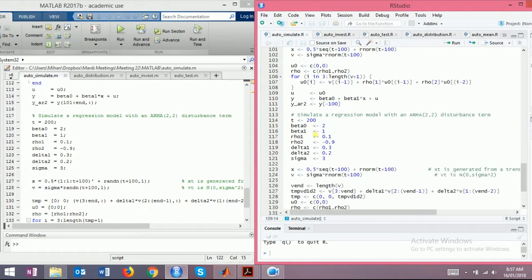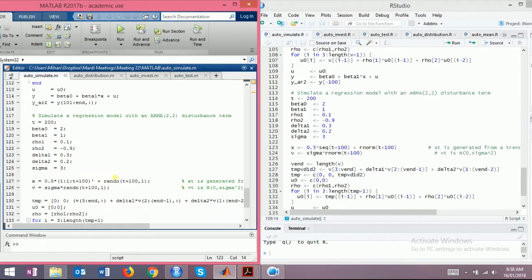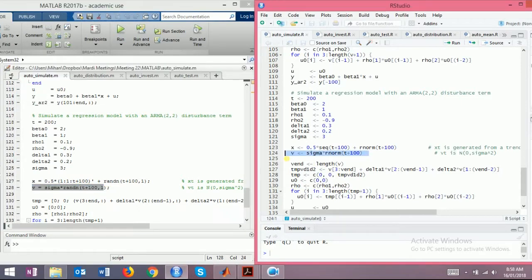Now you have beta 0, beta 1, rho 1, rho 2. Things will be a bit more interesting here now. Again, x is randomly generated, rnorm. V is sigma times random number t100 plus 1, we know it, with mean 0 and variance sigma square.